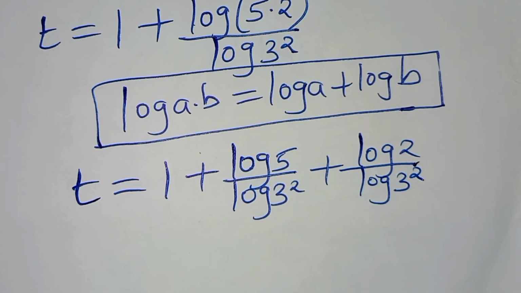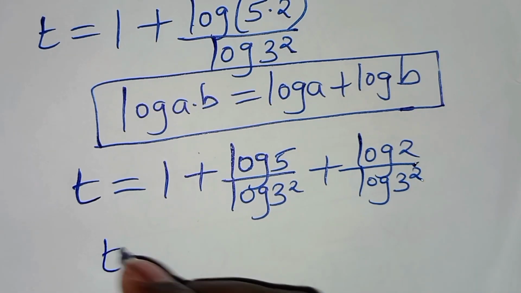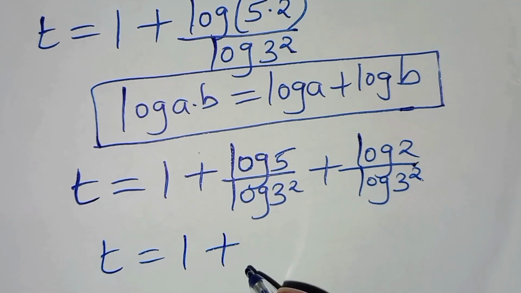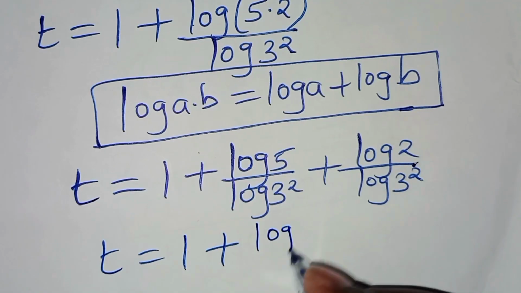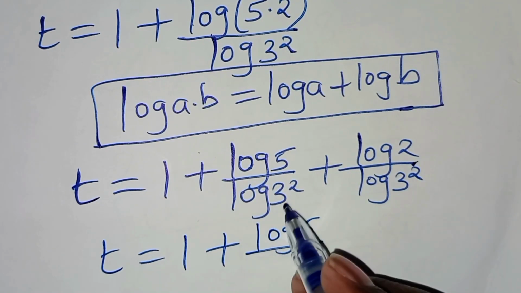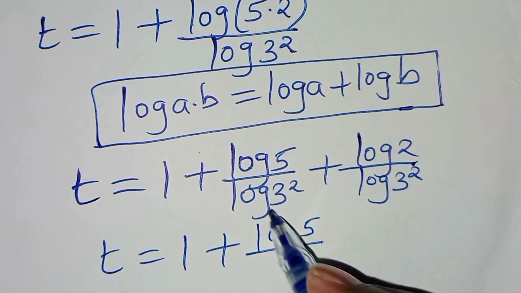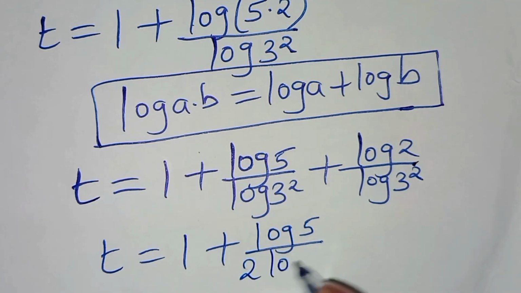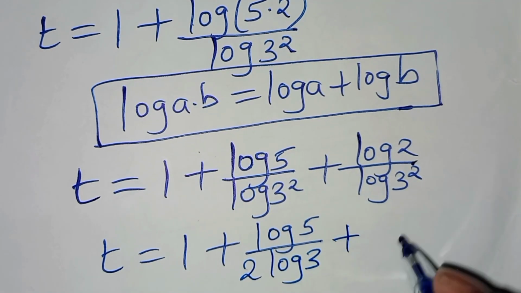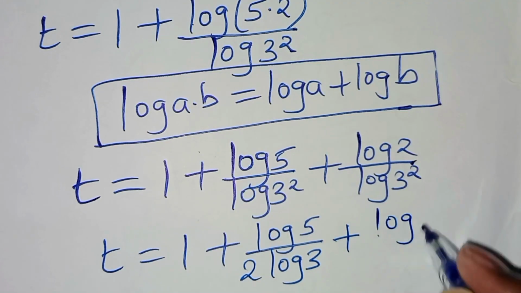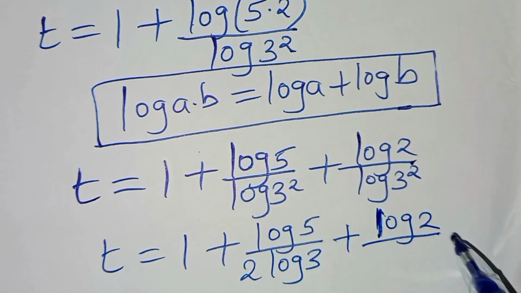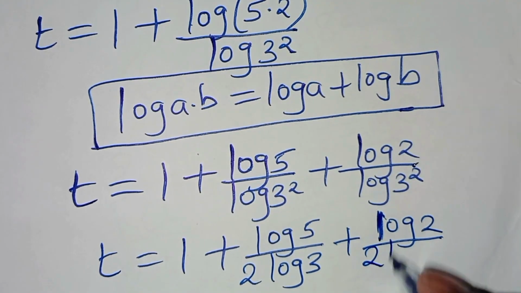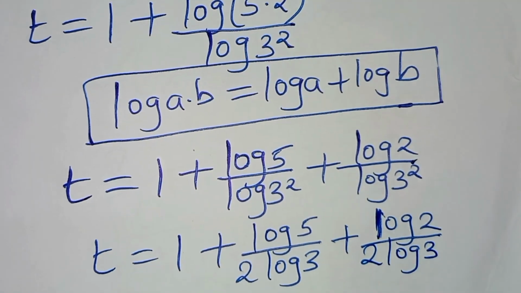The next step from here, applying the power rule property, log 3 to power 2 becomes 2 log 3, so we have log 5 divided by 2 log 3 plus log 2 divided by 2 log 3.